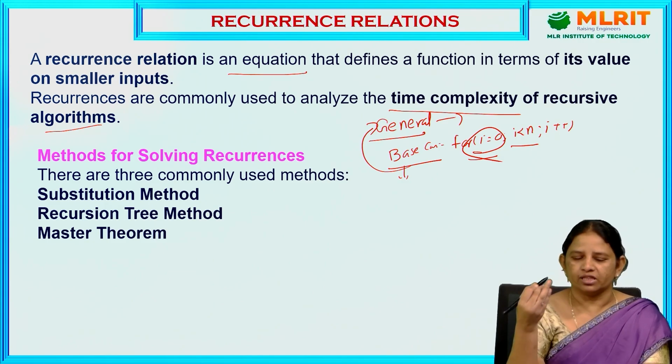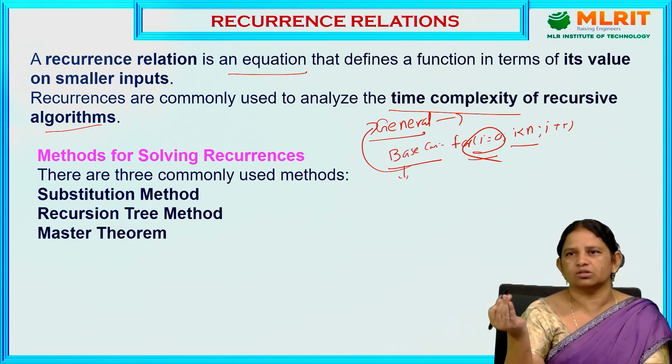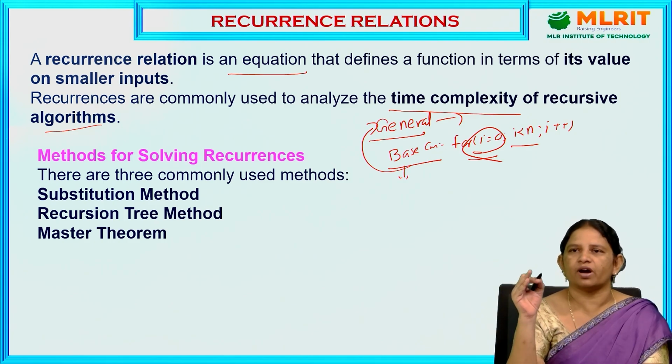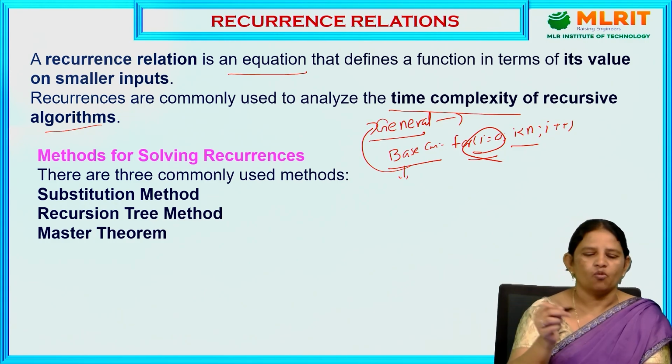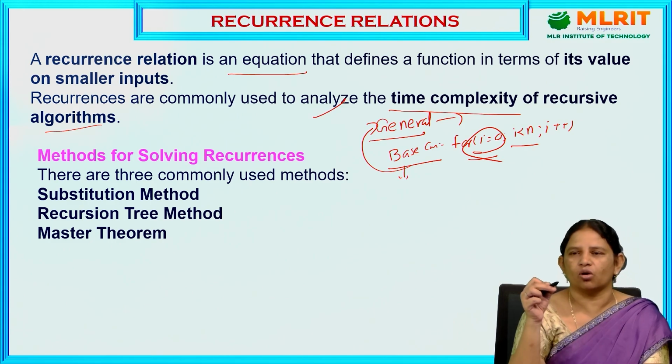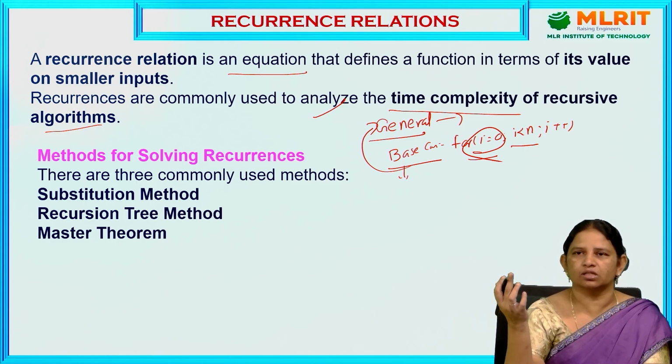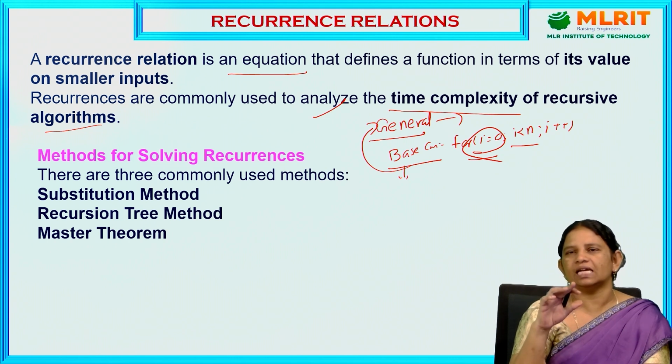But whether it is base case to general case or general case to base case, our main objective is to find the time complexity of an algorithm. That is why we need to analyze, to measure whether it is the best algorithm or the worst algorithm.